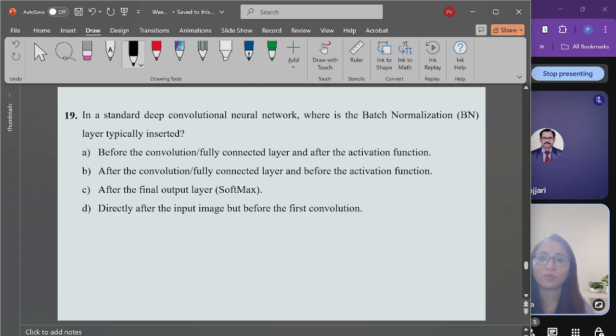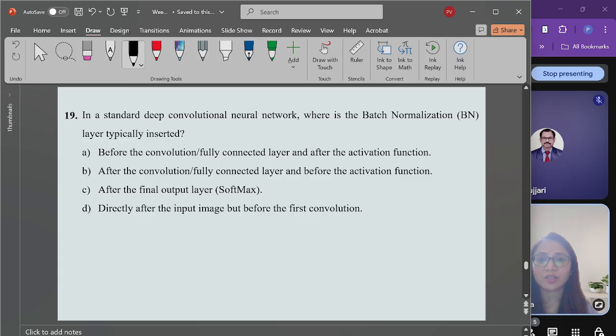Okay, so now moving to our next question. In a standard deep convolutional neural network, where is the batch normalization layer typically inserted? Option A, before the convolution or fully connected layer and after the activation function. Option B, after the convolution or fully connected layer and before the activation function.